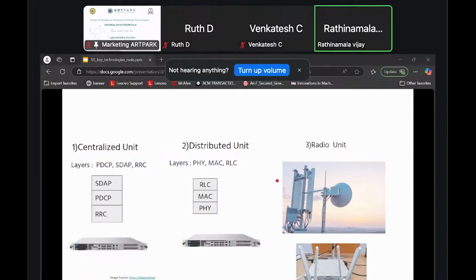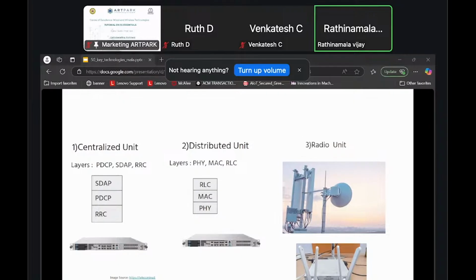On the right hand side, you are looking at the commercial radio unit, and there is an antenna. So the commercial radio unit is there, and this is the lab radio. Sorry for the interruption.